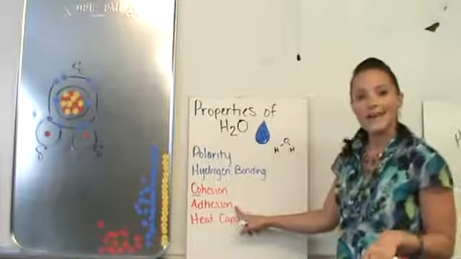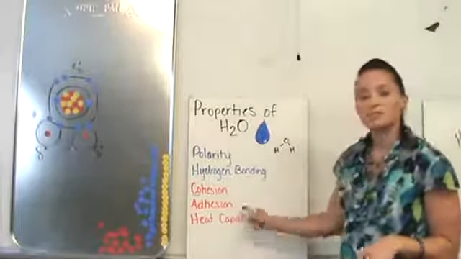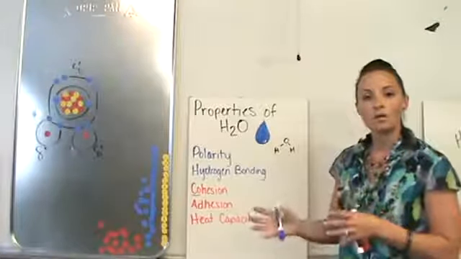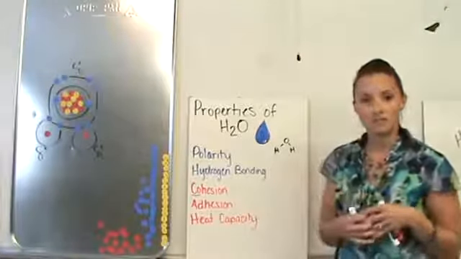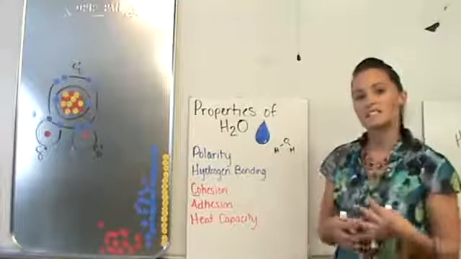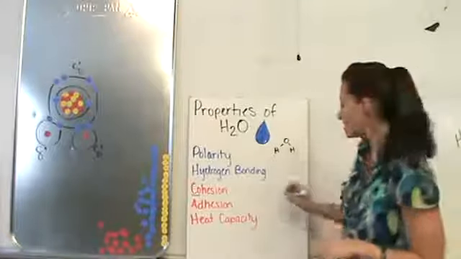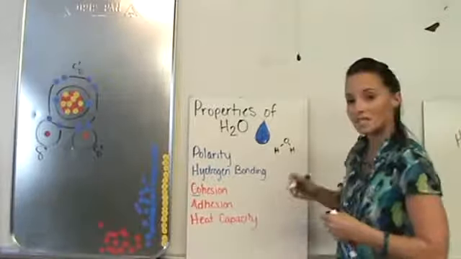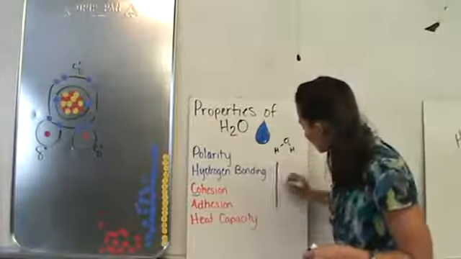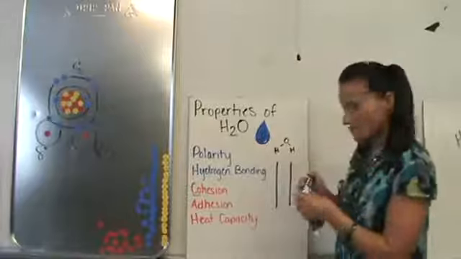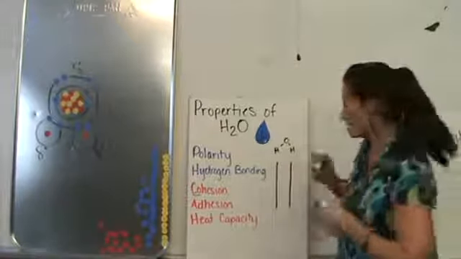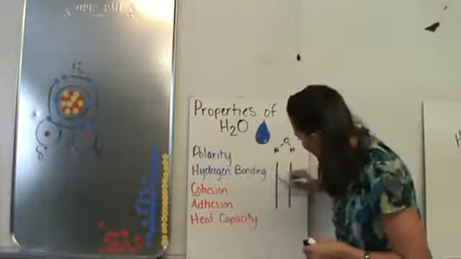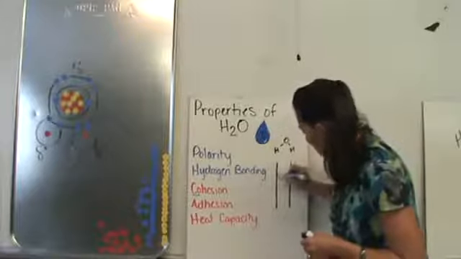The second one is adhesion. Adhesion would be where the water molecule would stick to something else. Okay, for instance, it might stick to glass. Many of you have seen the meniscus that's formed in a graduated cylinder. Okay? In a graduated cylinder, the water looks like it's climbing up the sides of the graduated cylinder.